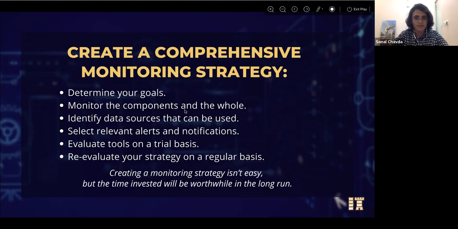Keep in mind that at two different scales, you want to monitor the whole infrastructure as well as the small components of it. And for setting up this monitoring, which data sources will be used, like logs, metrics, or what?